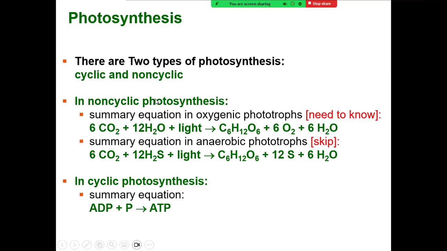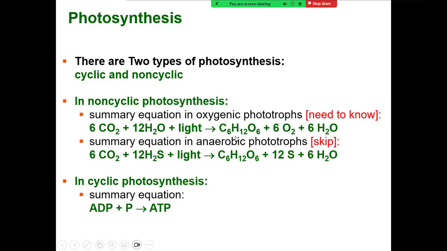The summary equation for non-cyclic photosynthesis making oxygen is 6 carbon dioxide molecules get together with 12 water molecules in the presence of light to make glucose, C6H12O6, 6 oxygen molecules, 6 O2s, and then 6 water molecules.